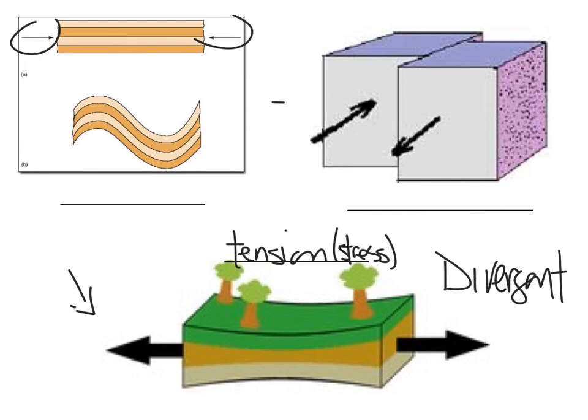For this one up here, we're looking at a convergent boundary. You can see those 2 arrows pushing that rock together, and it's causing this sort of folded effect right here that we saw in our last image. The type of stress, so the force here, is called compression.